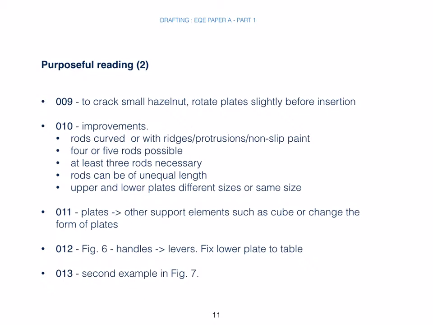Another idea for overcoming this problem is to change the form of the plates 1, as I will explain below with reference to figure 6. So what I've noted down for paragraph 11 is: plates can be other support elements such as cubes, or you can change the form of the plates.